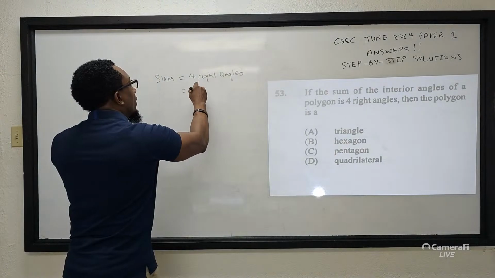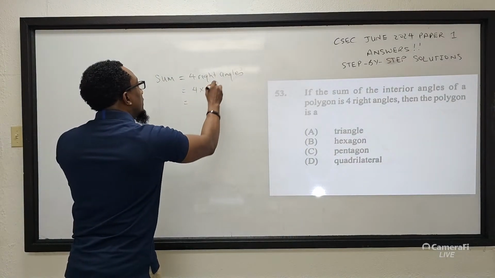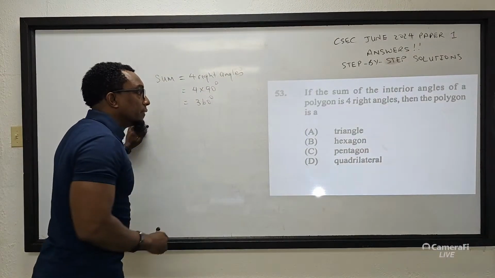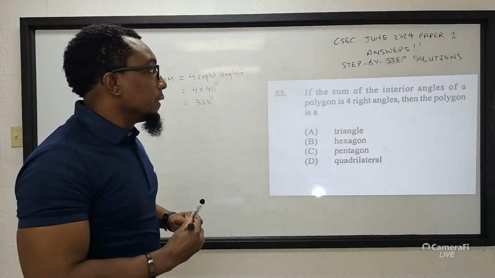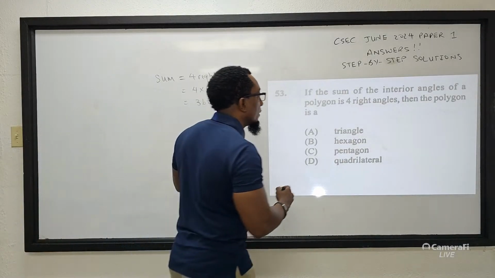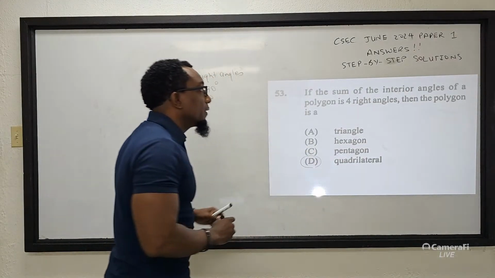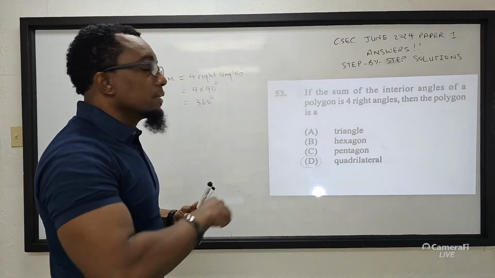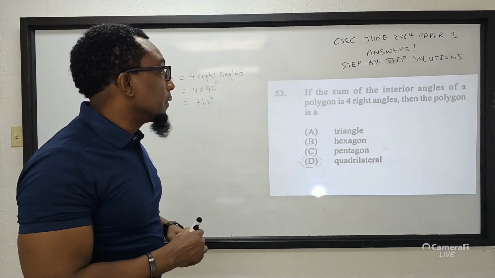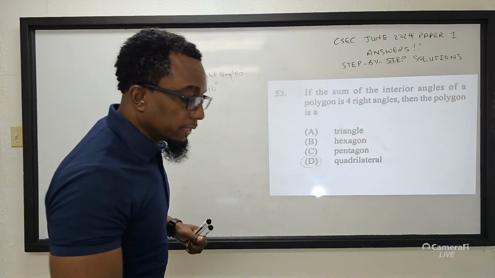You've got 4 times 90 degrees, which is 360 degrees. So we know a quadrilateral is a polygon whose sum of interior angles is equal to 360 degrees. So question 53, that is D.